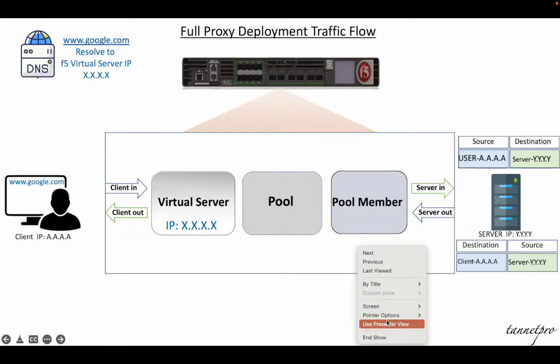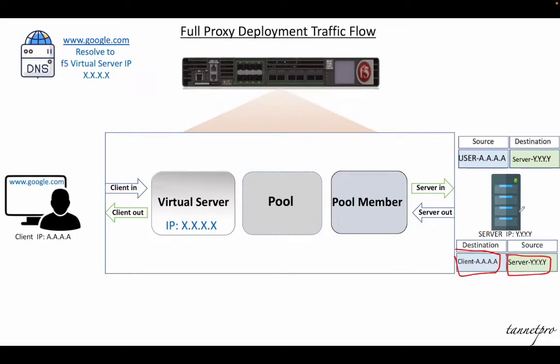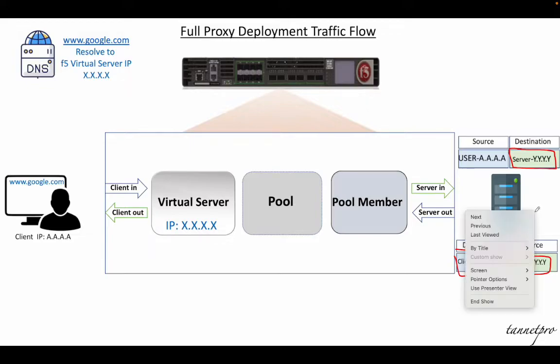Try to understand this part. Once you receive the packet, your client is AAA and your source would be YYY, as you receive from the server YYY, right? It will mark the packet with source YYY. Hope it is clear.